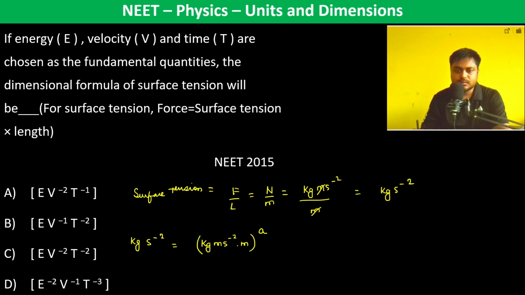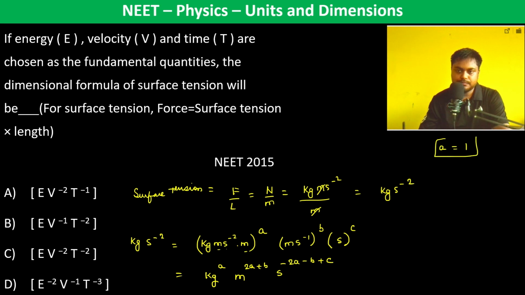Velocity, meter per second to the power b, and time, second to the power c. So if we accumulate all the terms, kg to the power a, meter to the power 2a plus b, and second is minus 2a minus b plus c. So of course we can see here that for kg, a is equal to 1, comparing the coefficients of kg on both the sides.